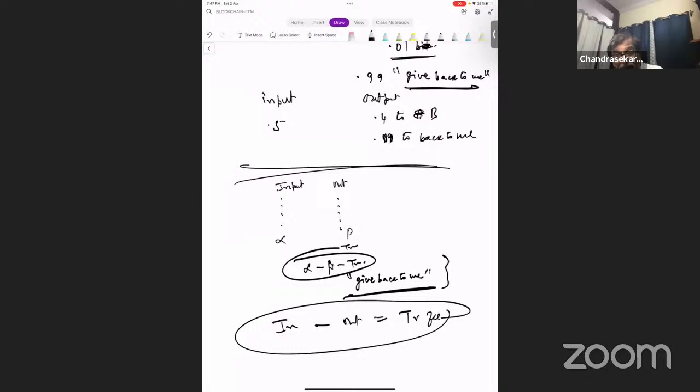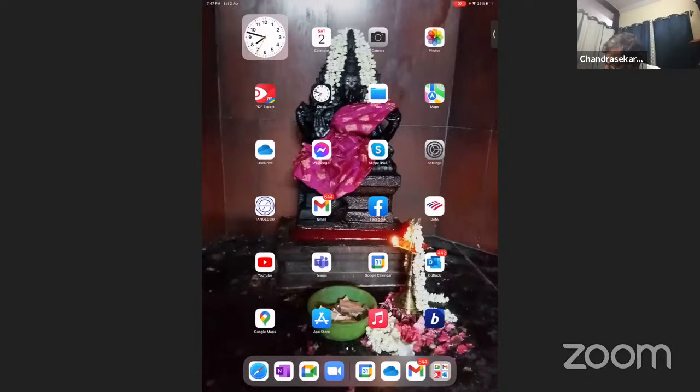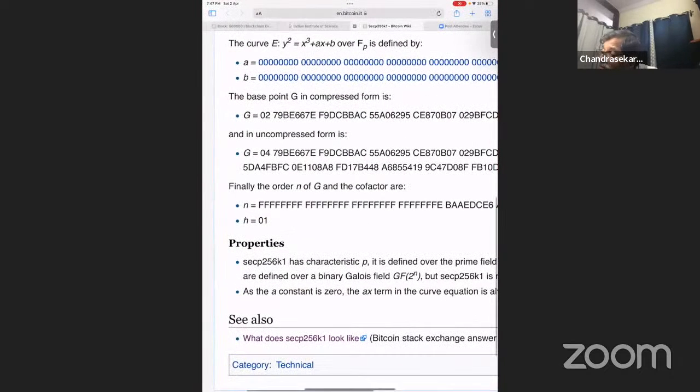If you don't have the last output giving the balance back to you, everything will go to the miner. Okay. Now, let us see a particular transaction, and then we will explain various other things about it. Let's first see the transaction, and all your questions are going to be answered now.